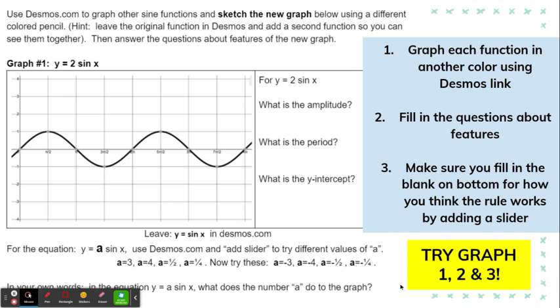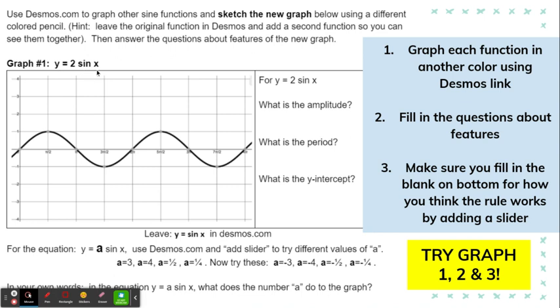So what you're about to do is go to desmos.com, okay? And please type in the original equation y equals sine x. Then add a second equation: y equals 2 sine x.